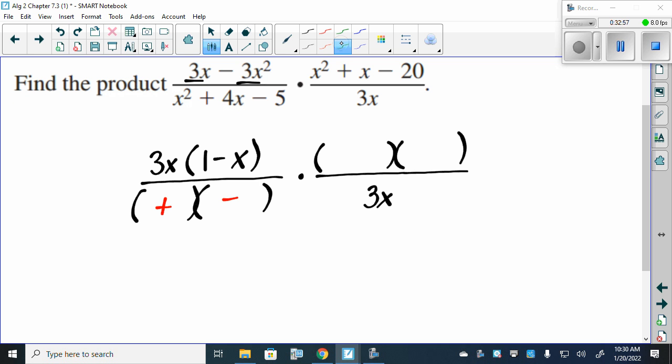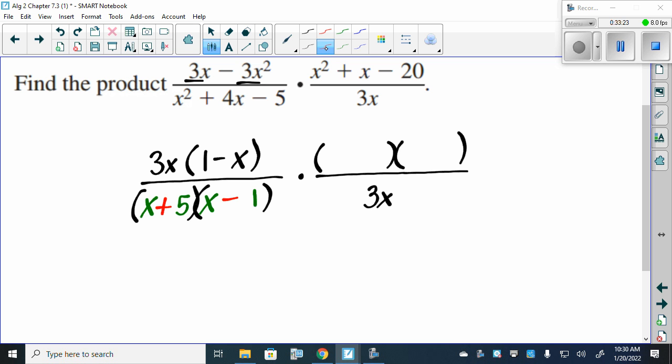One's going to be positive, one's going to be negative. Now, the factors of x squared are x and x, and 5 and 1. Because we want a positive 4x, so we would need the 5 to be positive. And if we check this here, we would get a positive 4x.